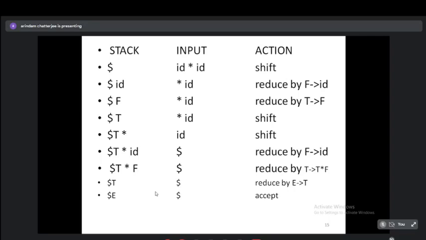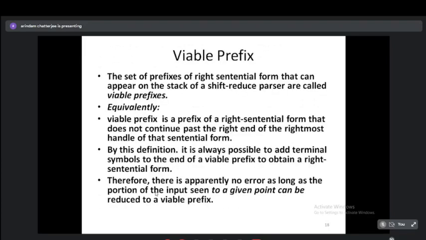T star F is the right-hand side of a production which can be reduced to T. So a viable prefix is a prefix of a right sentential form that does not continue past the right end of the rightmost handle of that sentential form. Because if you have more symbols, that means you have to reduce that much also, which is against our assumption of handles.